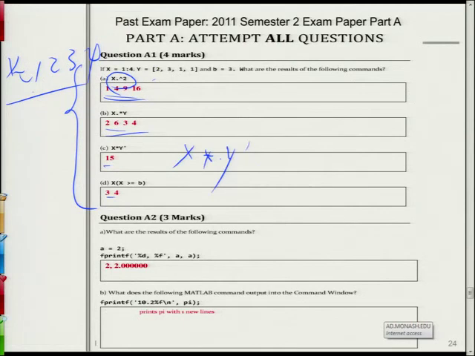And the third is x multiply y transpose. This means transpose. So that means 1, 2, 3, 4 multiplied by a column vector, 2, 3, 1, 1. Each element is multiplied and summed, so you get the value 15. And the last one, B, is 3. This is telling you x is 1, 2, 3, 4, and you find the elements which are greater than or equal to 3.